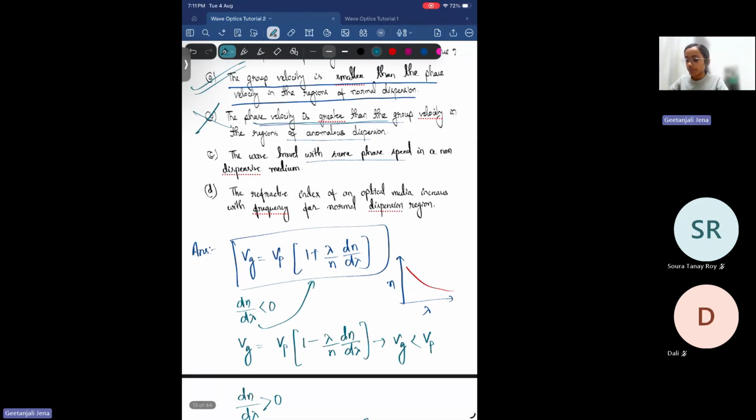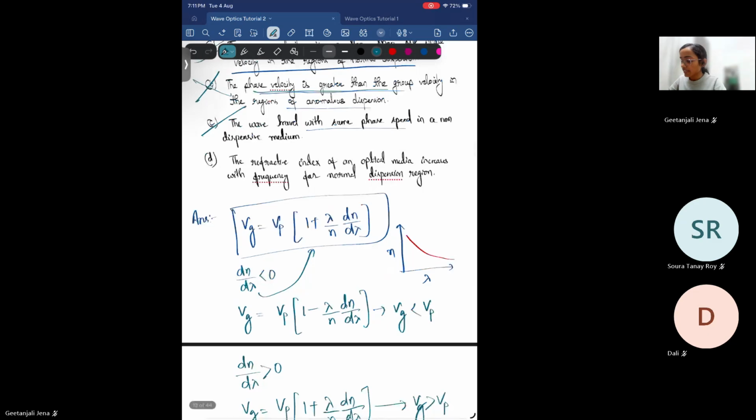So option C, the waves travel with the same phase speed in a non-dispersive medium, which is correct. Non-dispersive, dn over d lambda is 0, so they travel with the same phase speed. Option D, the refractive index of an optical medium increases with frequency for a normal dispersion region, which is also correct. If you look at the graph where dn over d lambda is less than 0, as we increase the wavelength, the refractive index decreases.